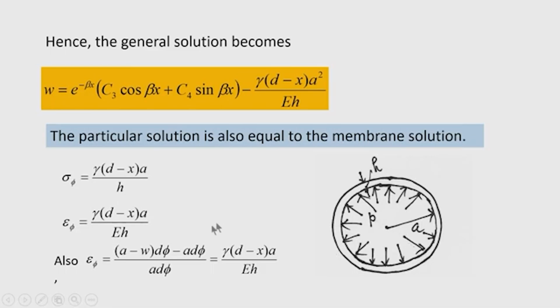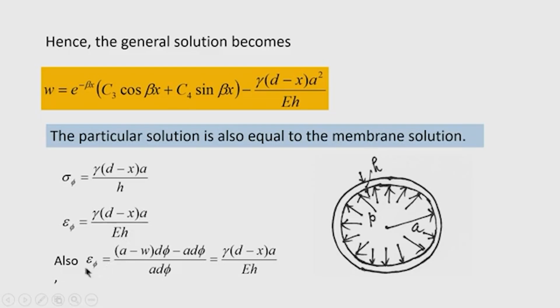At any level, say x, where x is measured from the bottom of the tank, the hoop stress is given by gamma into (d minus x) into A divided by h. So, the hoop strain is gamma into (d minus x) into A divided by E h.